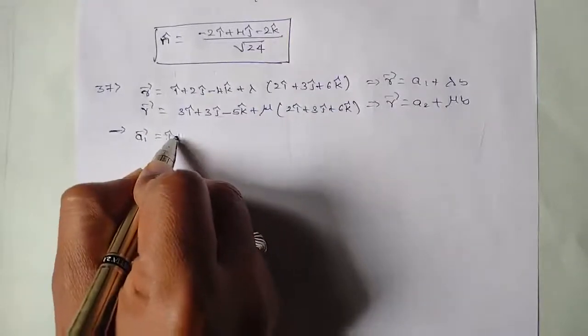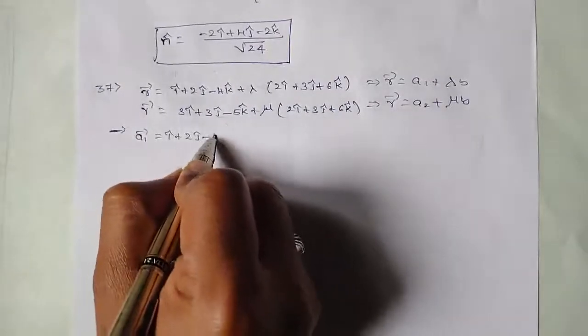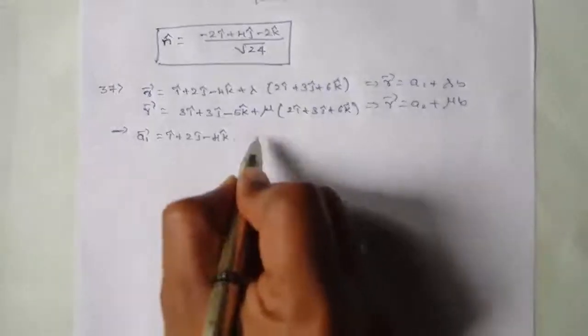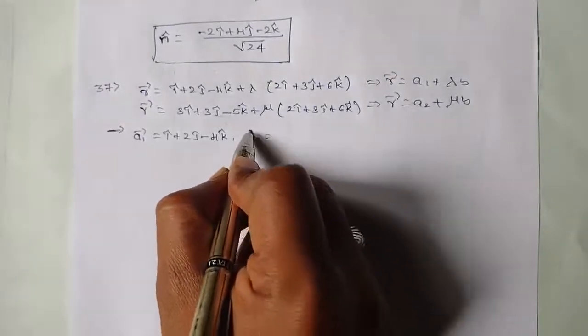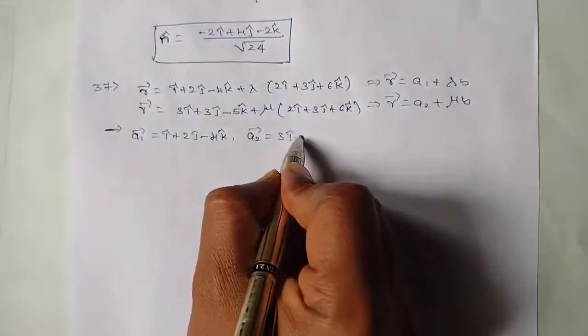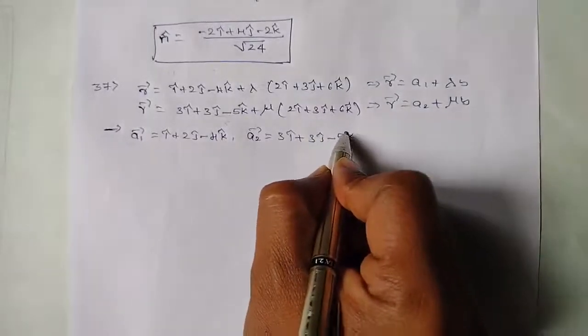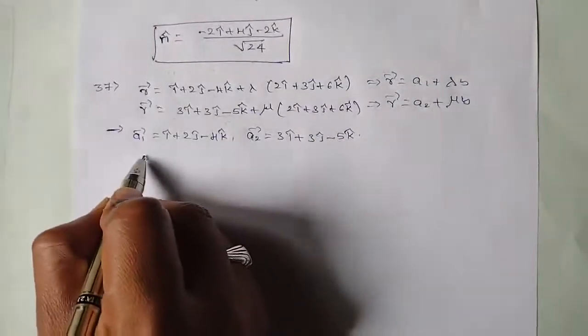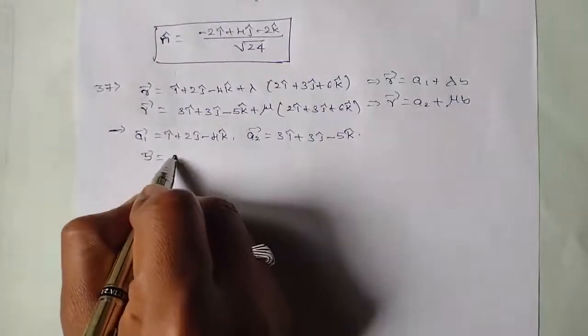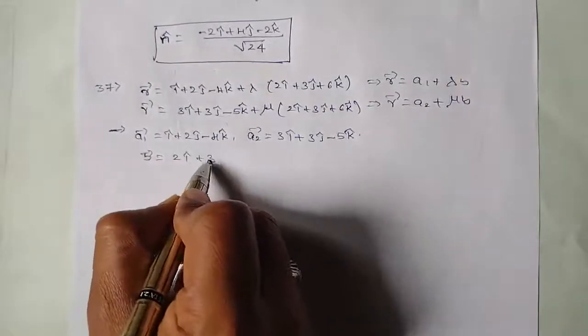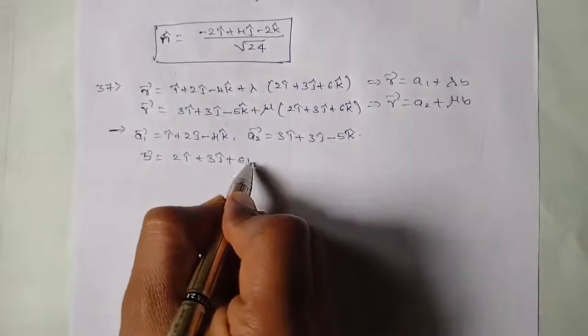Here a1 vector is i plus 2j minus 4k, and a2 vector is equal to 3i plus 3j minus 5k. Clear? And b vector is equal to 2i plus 3j plus 6k.